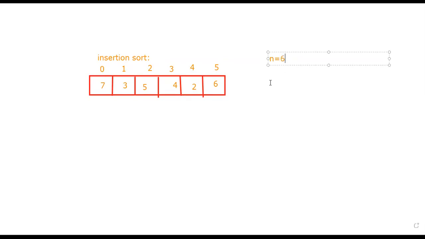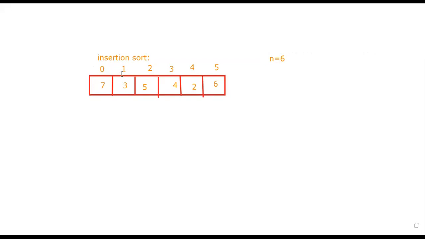Okay, the n value is 6. Now, as per the algorithm of insertion sort, it always starts from index 1 and compares with the neighboring element.